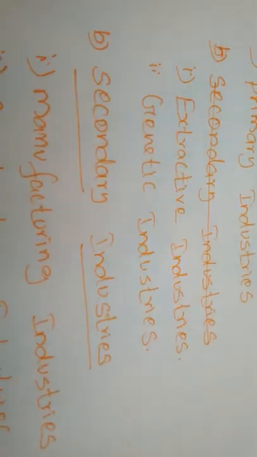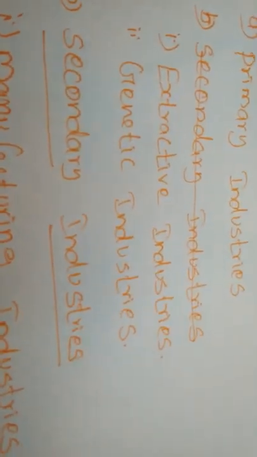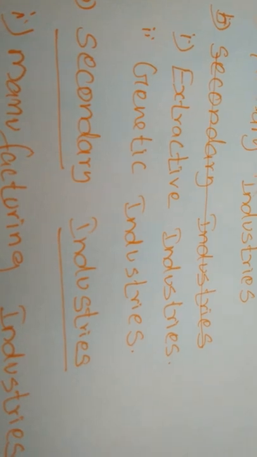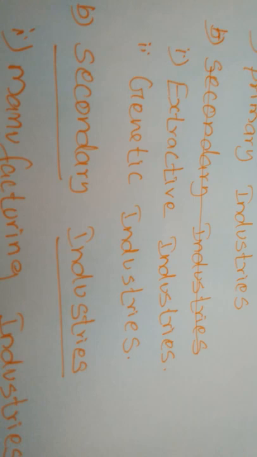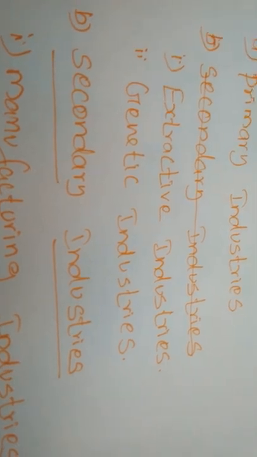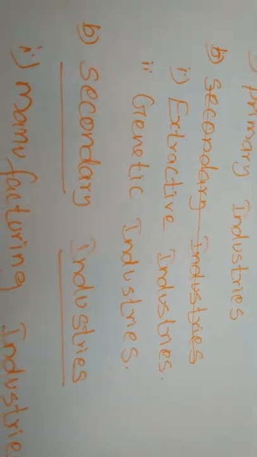Genetic industries are also called agro-based industries. Before the arrival of industrialization, how human beings lived and earned for their livelihood is called genetic industries.